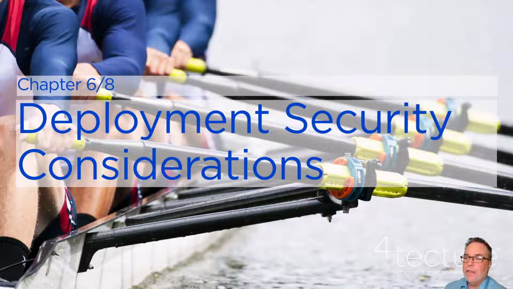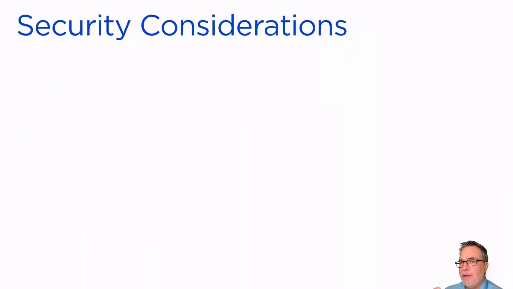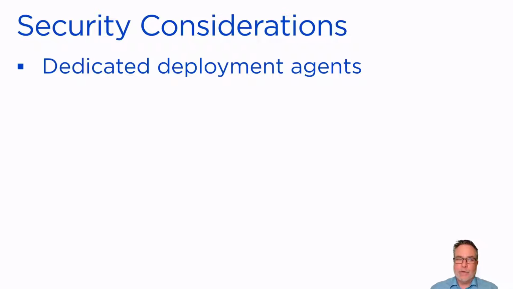So let's quickly talk about the security considerations towards our deployment. So if we integrate the whole thing, the database schema deployment, in our CI/CD pipeline, we also need to think about security. So first of all, often we should use dedicated deployment agents. Why? Those deployment agents will have access to production databases, to production servers, etc. And it doesn't make sense that you have this single agent somewhere running, which has access to everything, and you have hole punching from the outside to the inside.